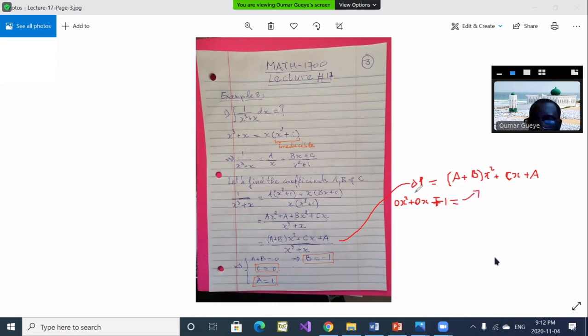So if you check, the coefficient of x squared and the coefficient of x is 0 from the left, and this is a constant, and the constant from the right is A, so A should be equal to this one. Is it okay? Yeah, it's okay. Thank you.